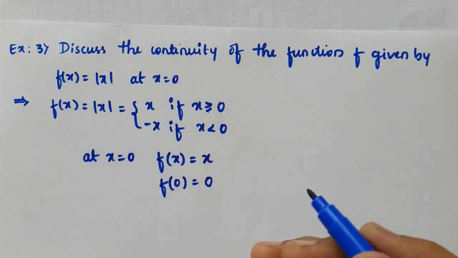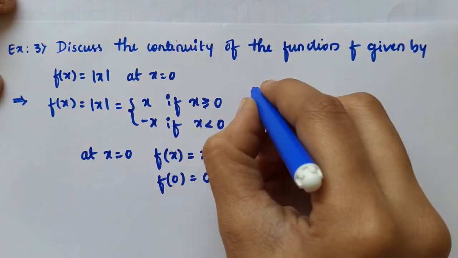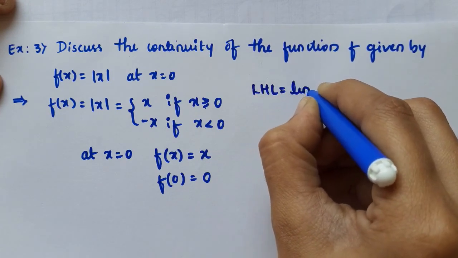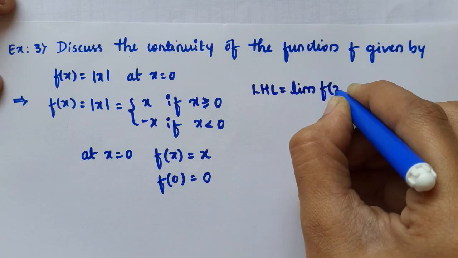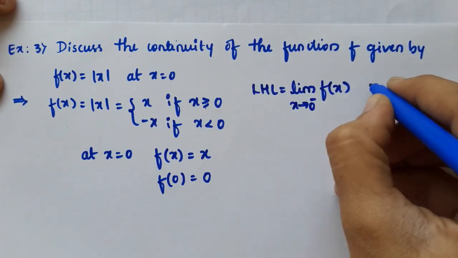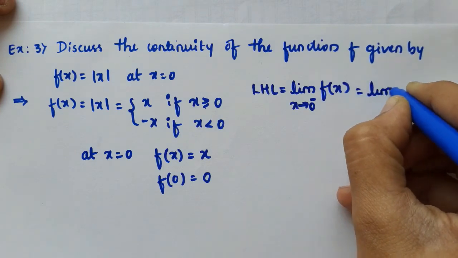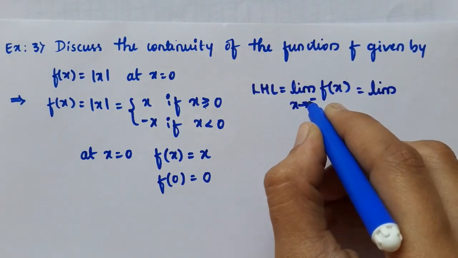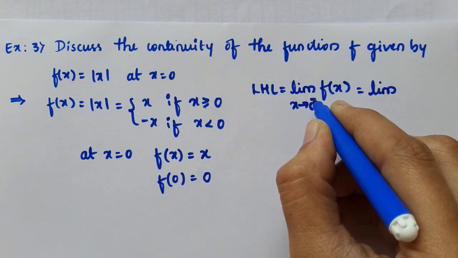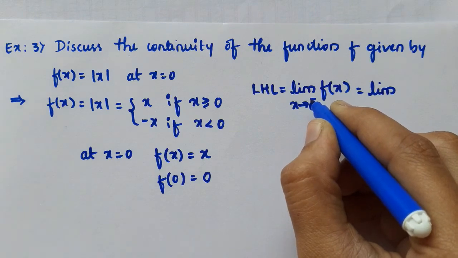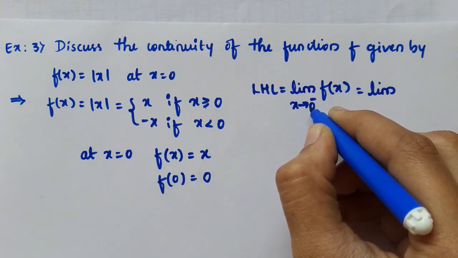Next, we have to find the left hand limit and right hand limit of this function at x is equal to 0. Left hand limit of this function, LHL, is equal to limit of f of x as x tends to 0 minus. This minus represents less than 0, very close to 0 and less than 0.